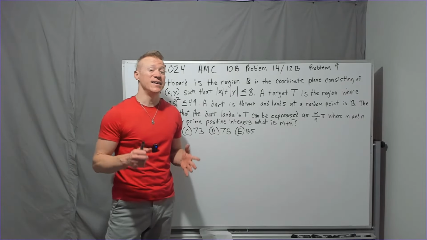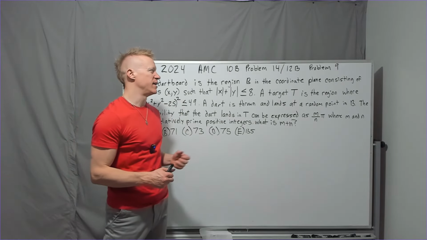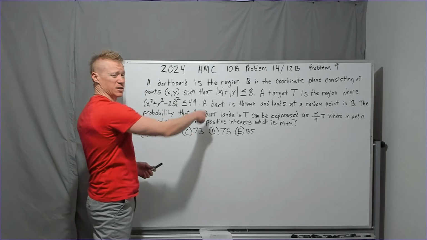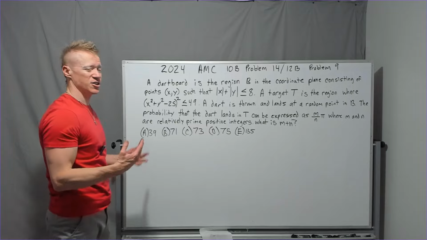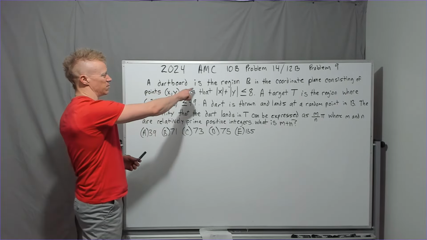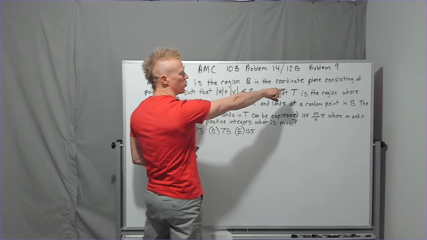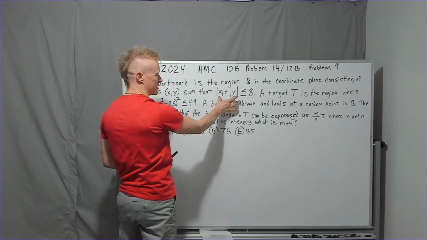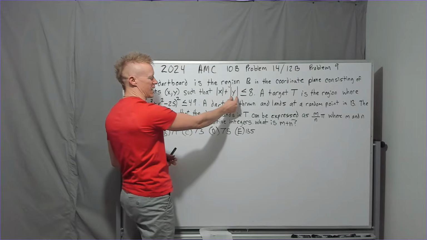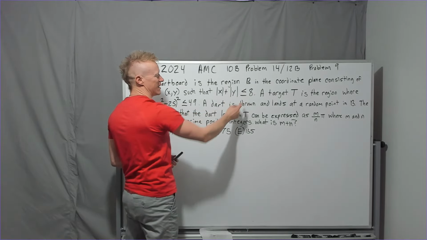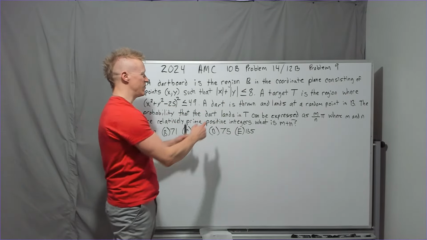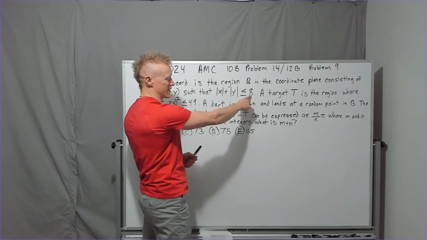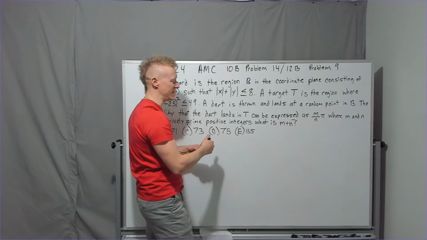And here we get another small notebook concept appearing on the test. So if you were in that class, I really hope you caught this and were able to put it to use immediately. It's just a diamond graph. A dartboard is the region B in the coordinate plane consisting of points x, y, such that this expression, absolute value of x plus absolute value of y, is less than or equal to 8. If you took my class, this is a diamond graph whenever you have this, and the distance from the origin on the axes is 8.